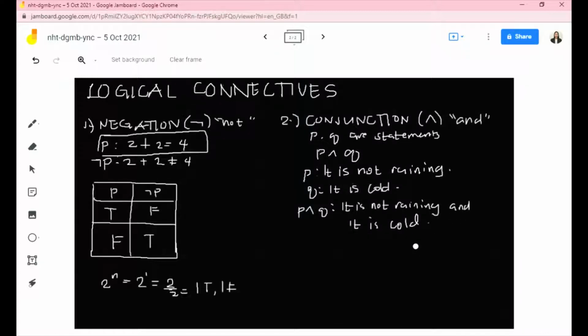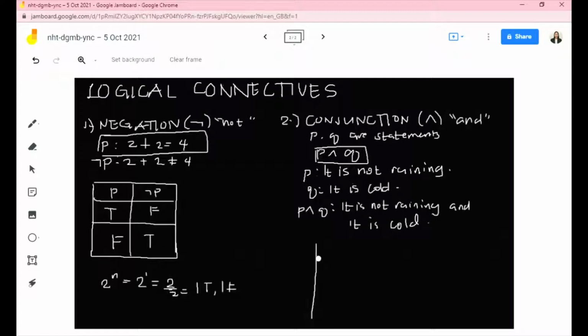Now, how do we deal with the truth values of these compound sentences involving conjunction? For the conjunction, this proposition P and Q can only be true if both P and Q are true.